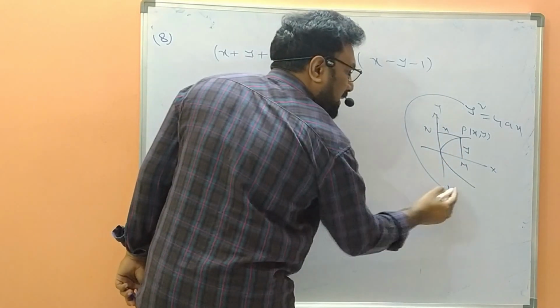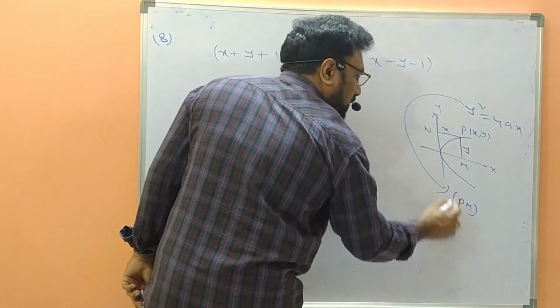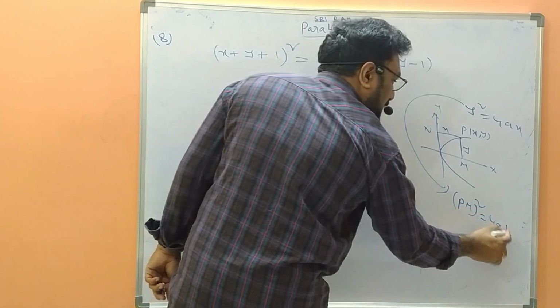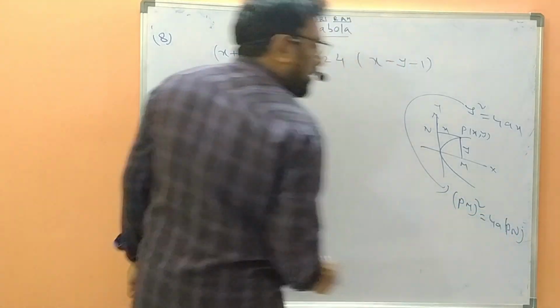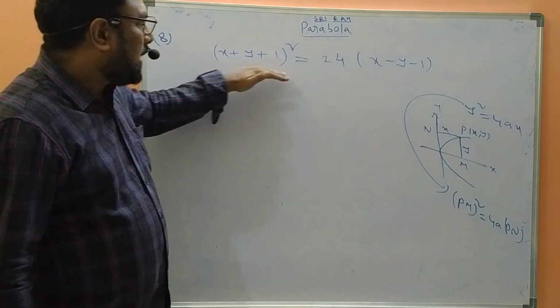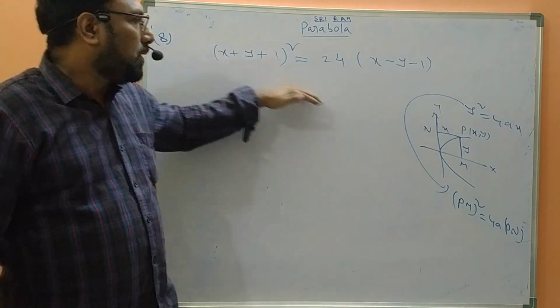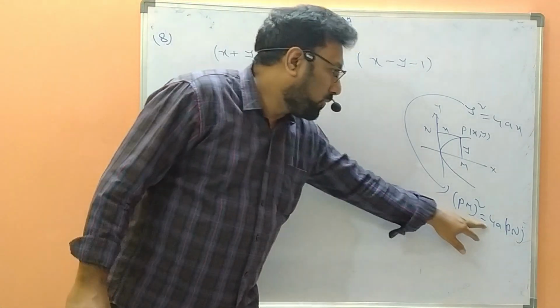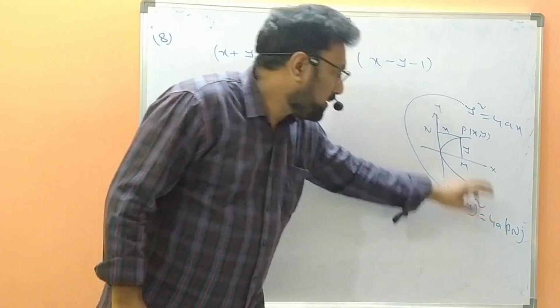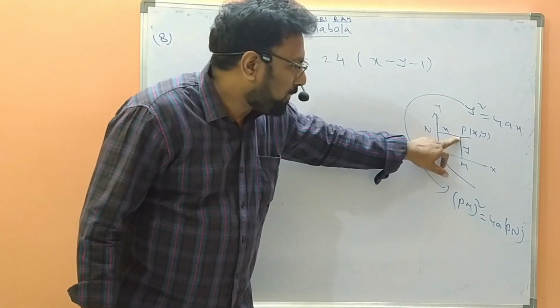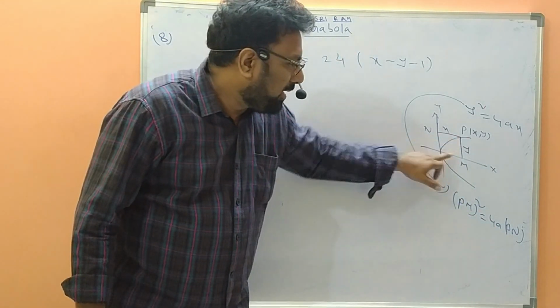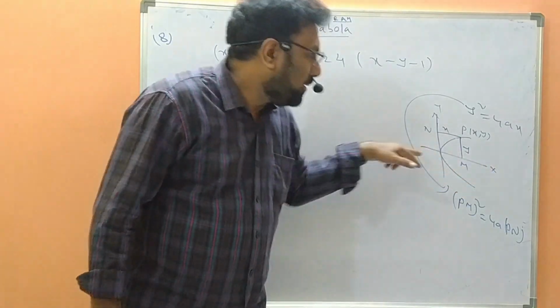So from this, what do you write there? PM whole square is equal to 4a into PN. So compulsorily you have to convert this equation to the form of PM whole square is equal to 4a into PN, meaning it is distance. PM is perpendicular distance from point P to the axis of the parabola.